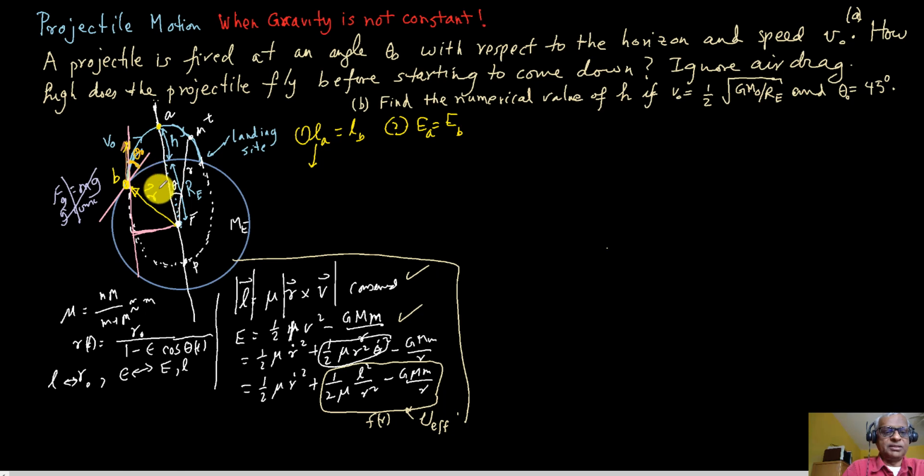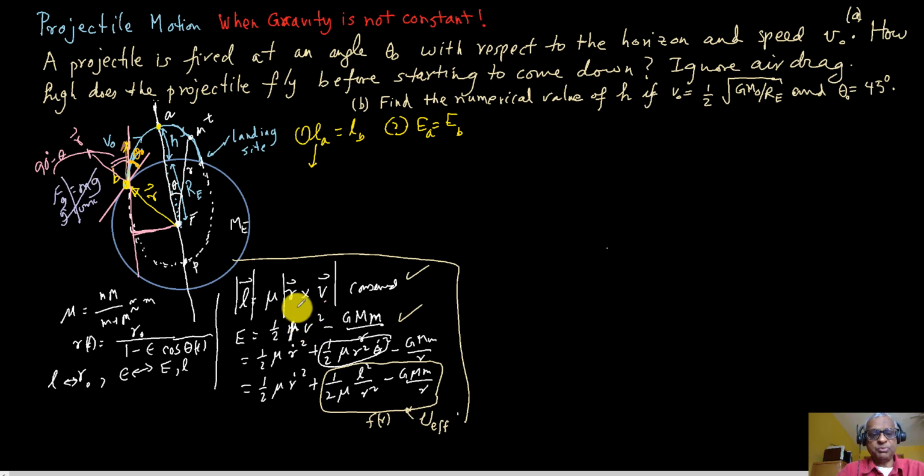If you look at r cross v, you need this angle, and you can see that this angle is going to be 90 degrees minus theta.